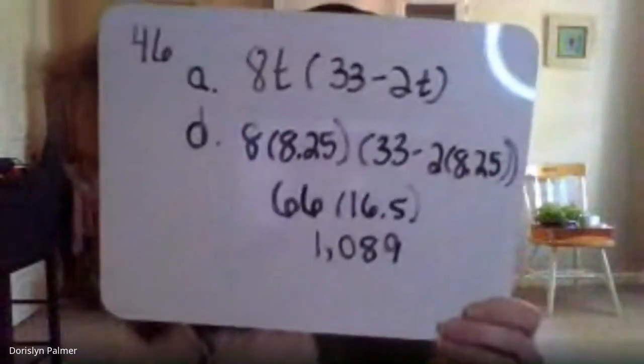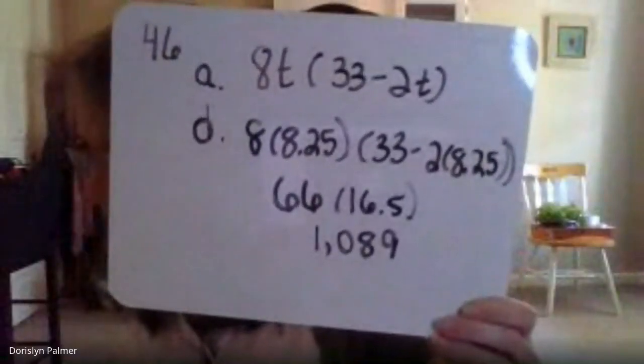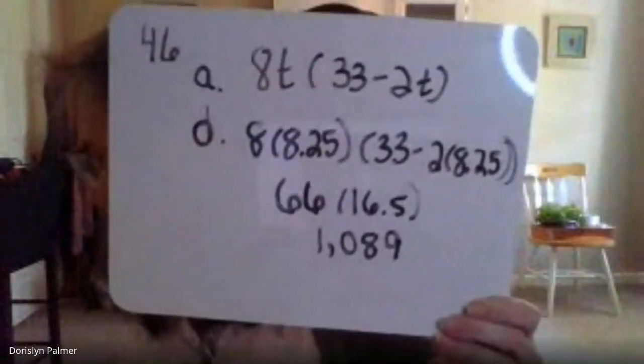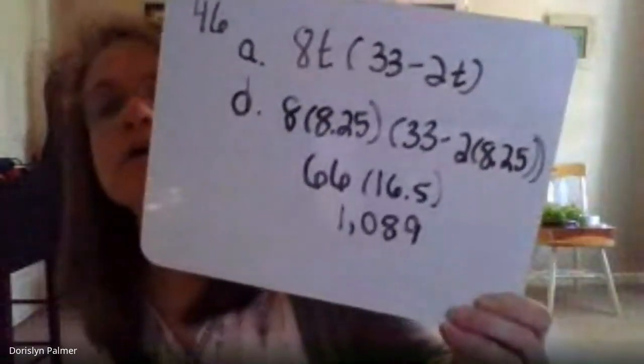Okay, 47 is going to be similar. They give us an expression and they want us to factor the expression. Gavin, what did you put for 47A?